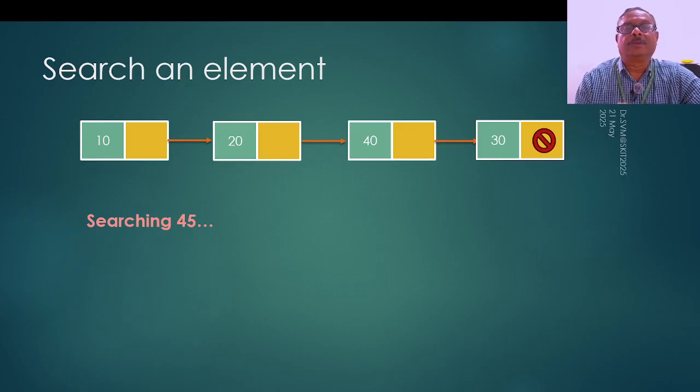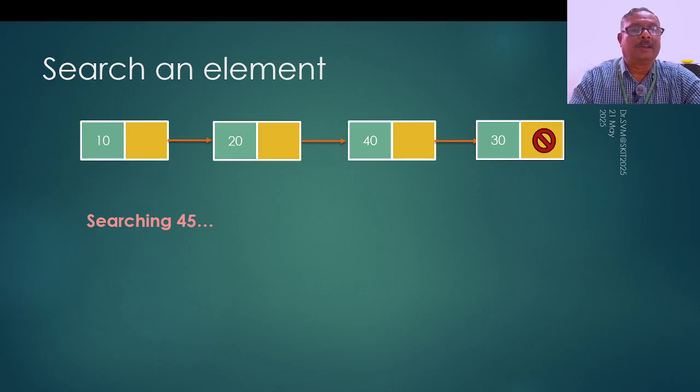But if we are looking for an element which does not exist, then we cannot stop in between. We have to reach till the end, and even after reaching the end, if we don't get the element we are looking for, only then can we declare that such an element does not exist in our list.